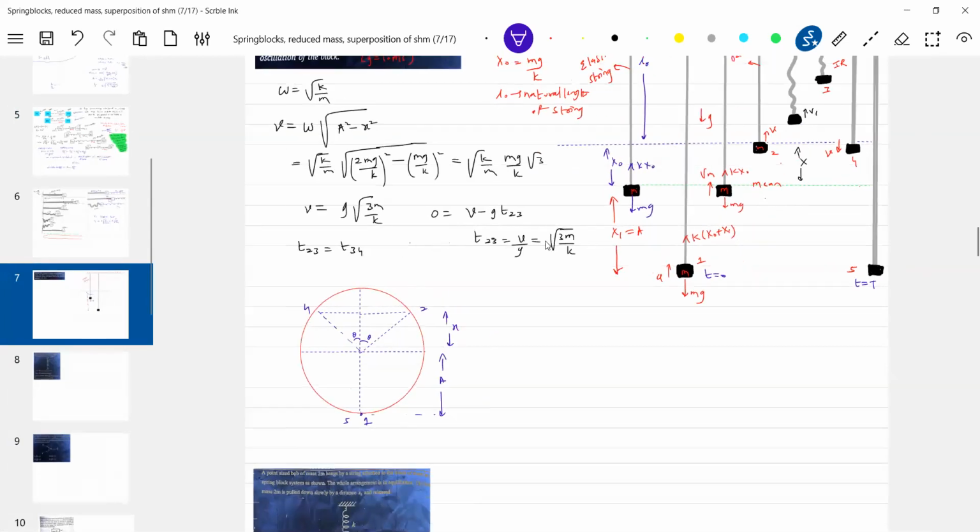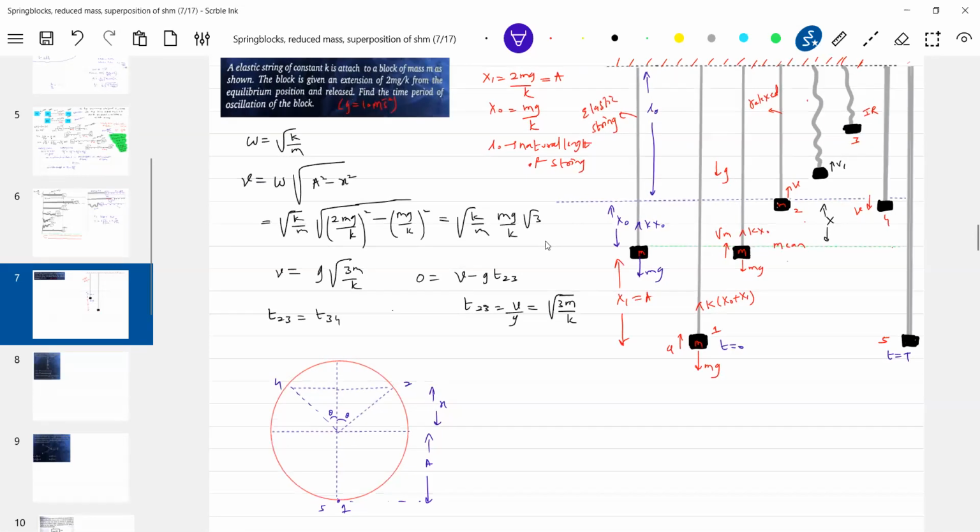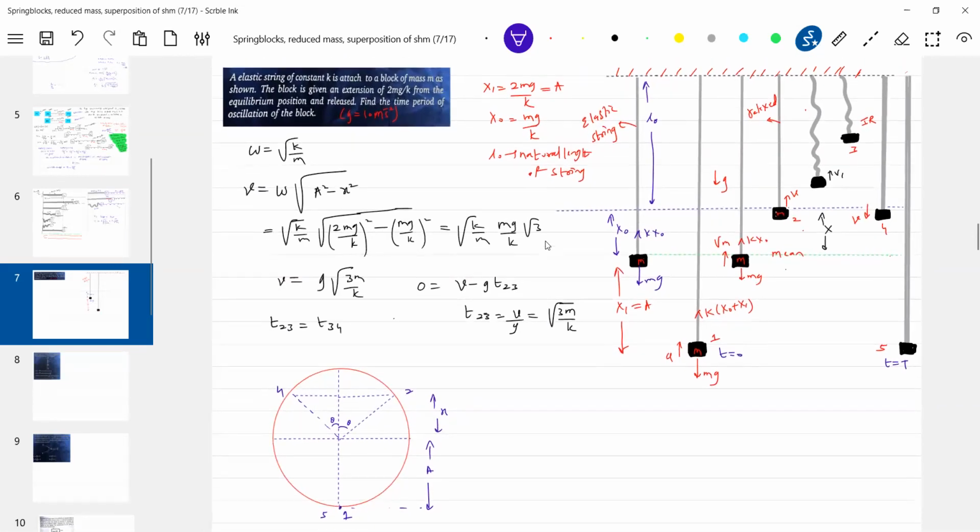Okay, now you can see the total problem in front of you. I think I'll proceed now. How to calculate this particular time? So can we calculate theta? What is this total distance? This should have been A. So what is cos theta? It is equal to x by A. What is x? x should be equal to A by 2.